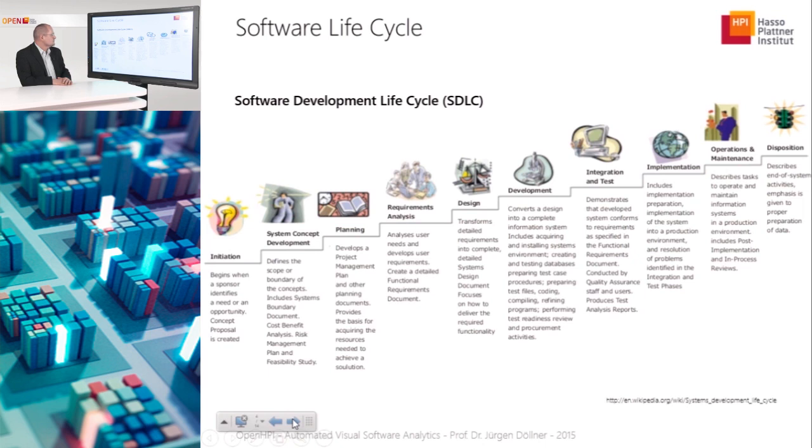Then the development stage, when we convert a design into a complete system, including its environment, creating and testing databases, preparing test cases, etc. Finally, integration and test, when parts of the system are already operational and we start to test it, to run the system. The implementation phase, when things get done and ported to the real environment.